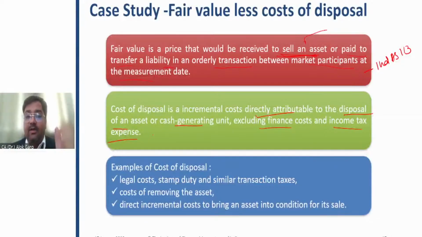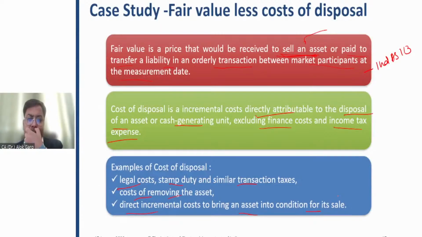For example, legal cost, stamp duty, and similar transaction taxes, cost of removing the asset, directly incremental cost to bring an asset into condition for its sale, right? So cost of disposal does not include your finance cost and income tax expenses.